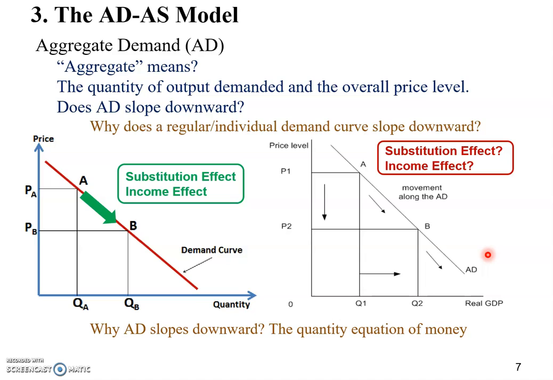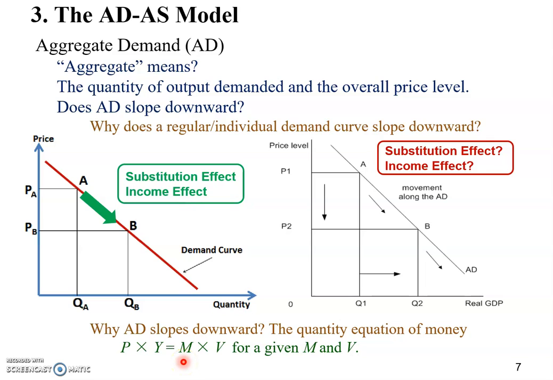Here, let's take a look at this. The quantity equation of money says the nominal value of goods and services, which is P times Y, where P is the overall price level and Y is the real output, or GDP. This is nominal GDP on the left-hand side, which equals the nominal value of our money.